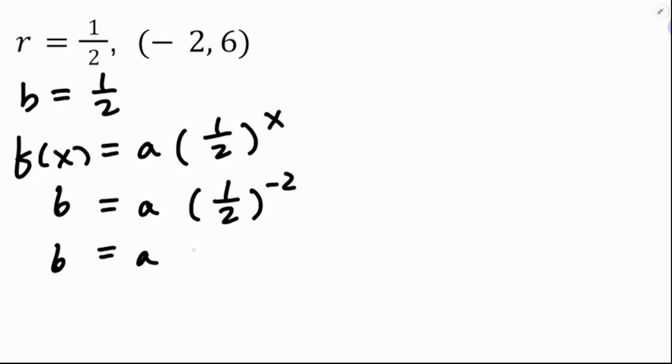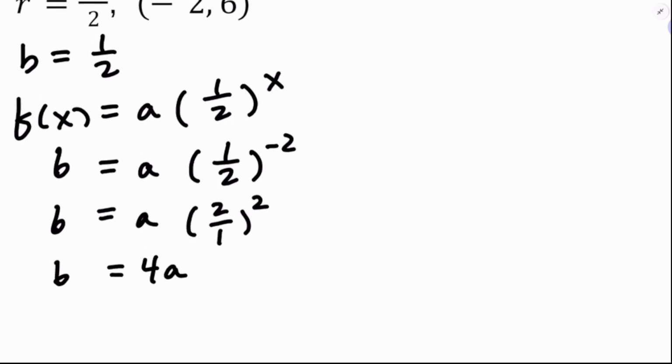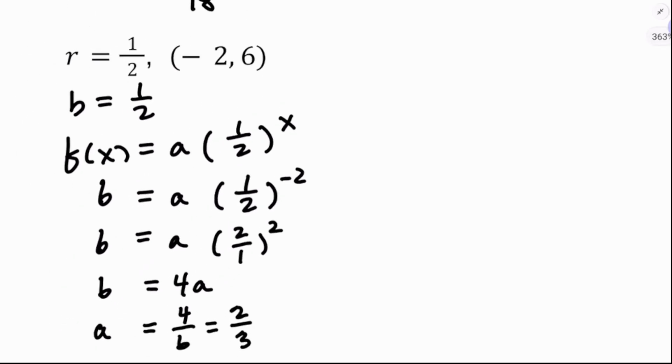The negative power will flip the fraction, 2/1 to the +2 power. 2 squared is 4, so 6 equals 4a, and a will be 4 divided by 6. It's 2/3. And then my answer is f of x equals 2/3 times b to the x, where b is 1/2.